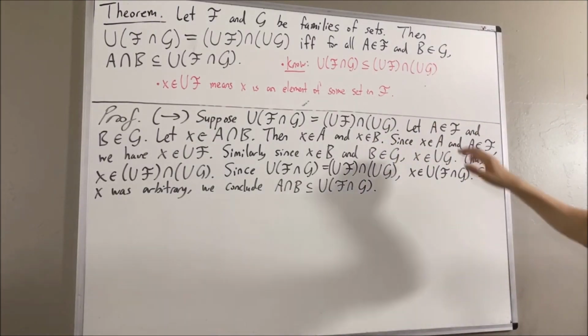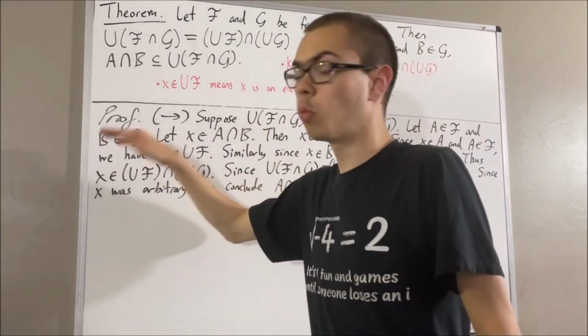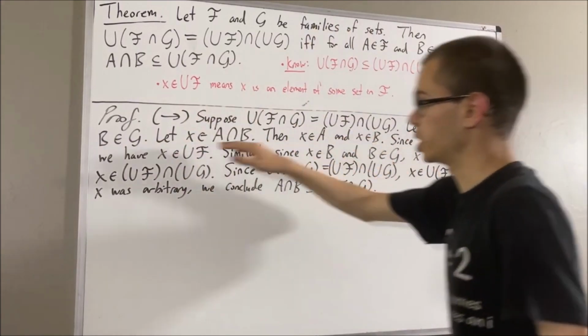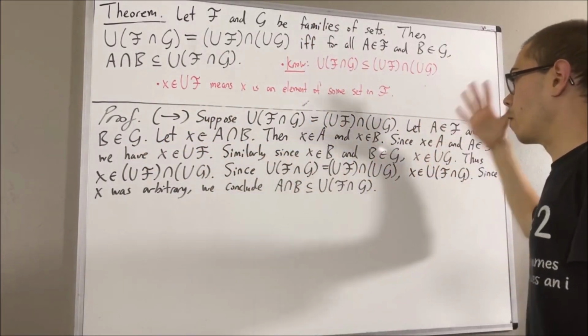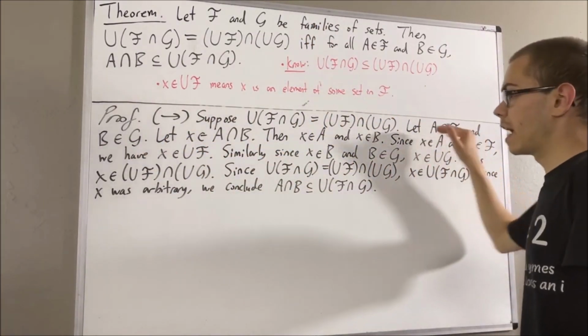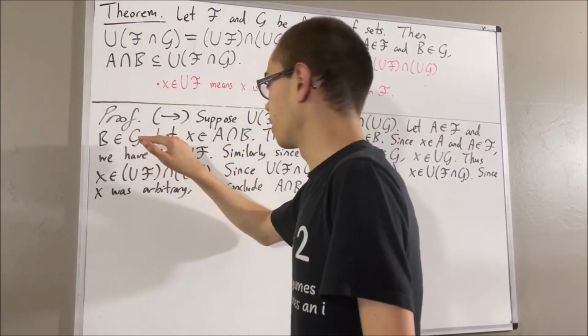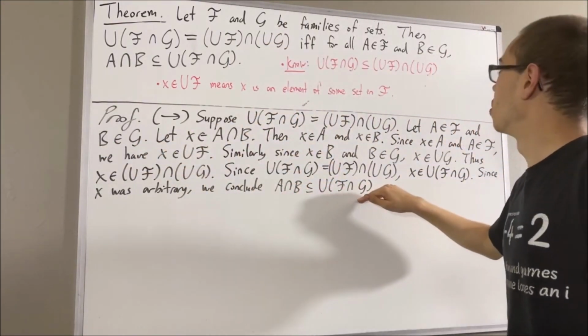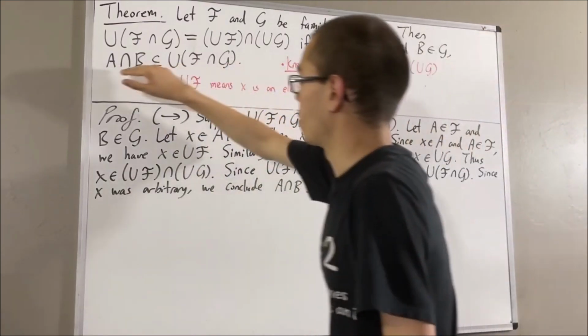But now, since A and B were arbitrary sets in F and G respectively, this means for all sets A in F and B in G, we have that this is true, which is exactly what we wanted to show.